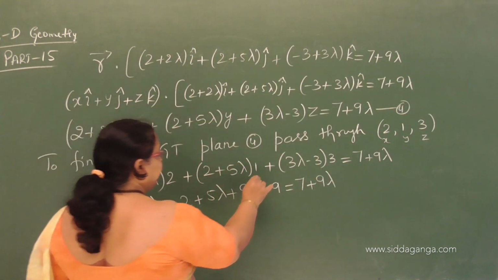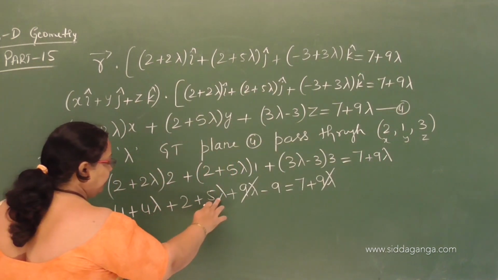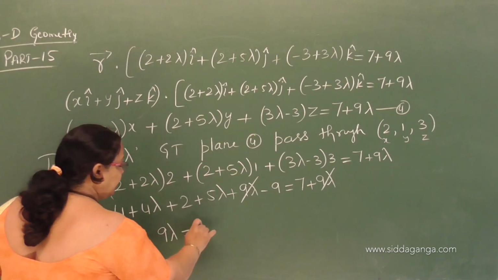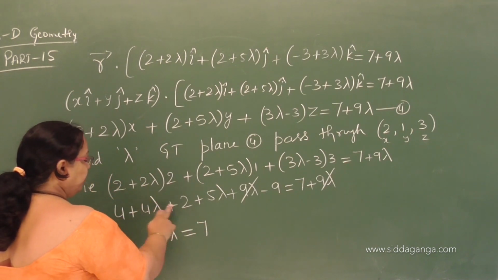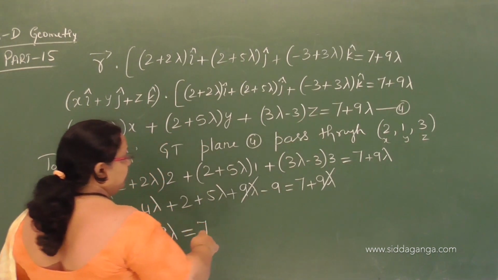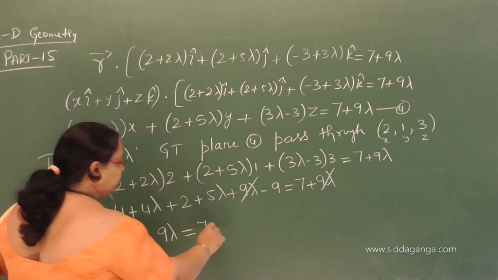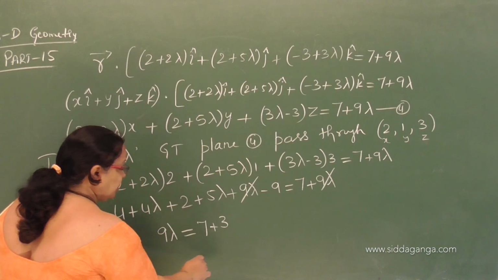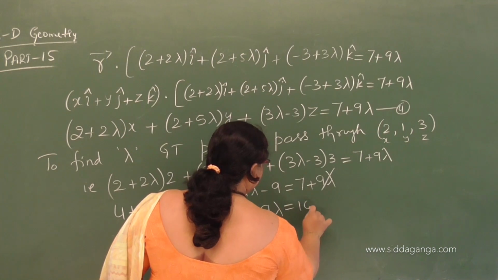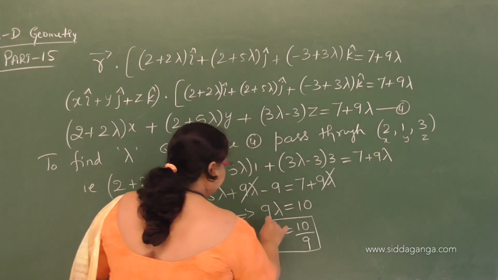The left side has 9 lambda and the right side has 9 lambda, so they cancel. What remains is 4 lambda plus 5 lambda, that is 9 lambda, equal to 7. 4 plus 2 is 6, plus 6 minus 9 is minus 3; taking that to the other side, plus 3. So 9 lambda equal to 10. Therefore lambda equal to 10 divided by 9.